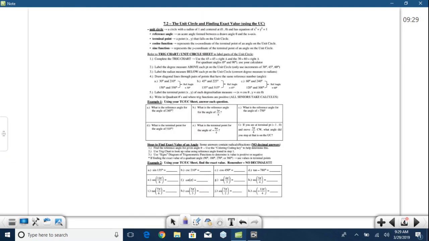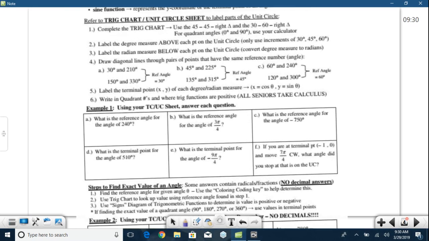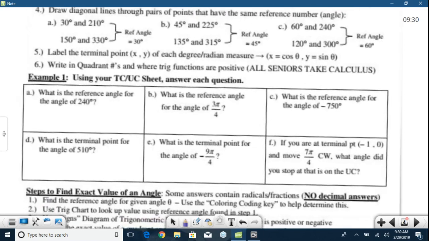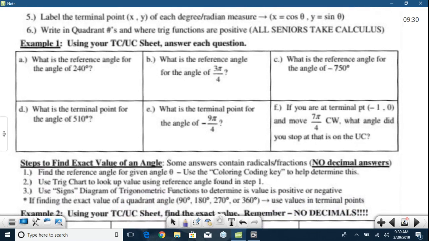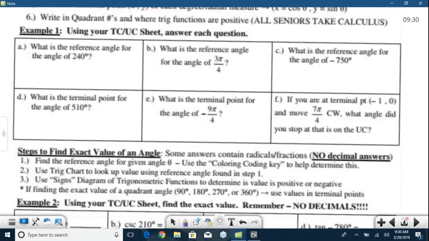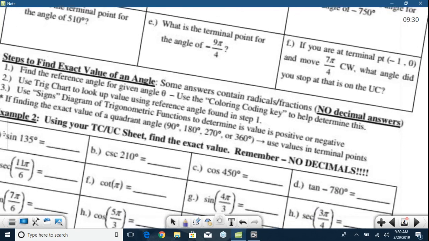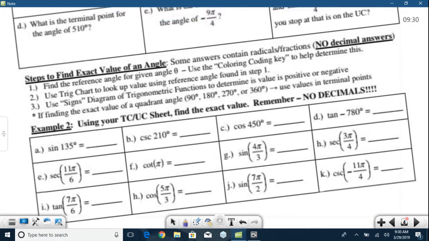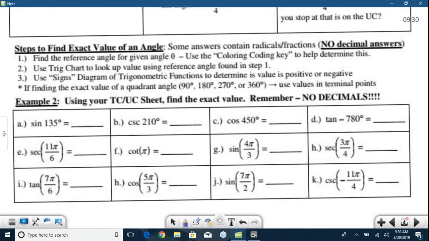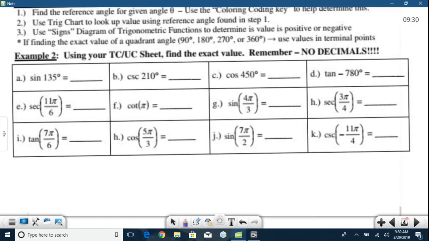That was fun. All right, so let's look at this sheet that corresponds with the unit circle. We've talked about this. This bottom part is what I want to get to.